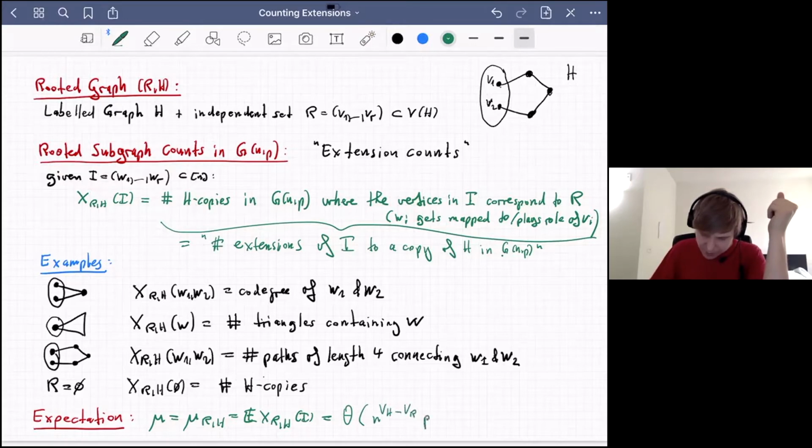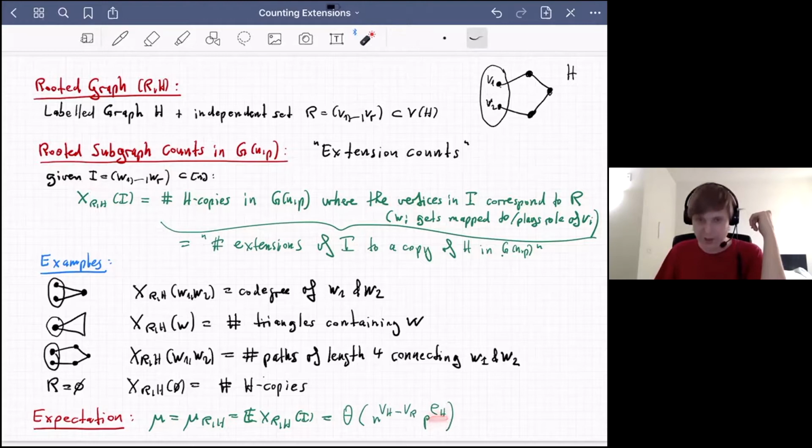And then we need to put down the remaining edges, each of which is present independently with probability p. Note that because we assume that our root is an independent set, we don't need to subtract anything here. So this is this notion of rooted subgraph counts, or we typically call it extension counts for this reason.